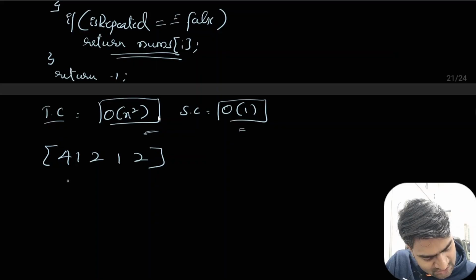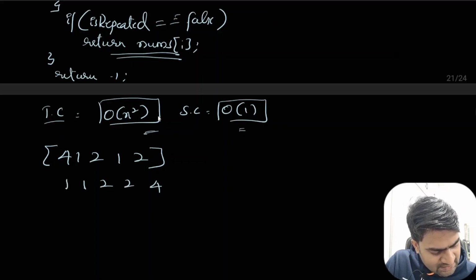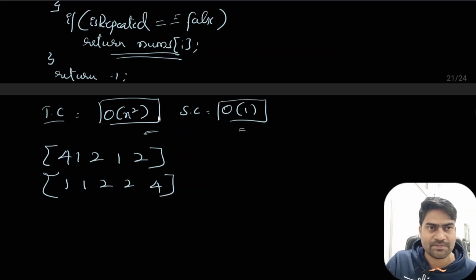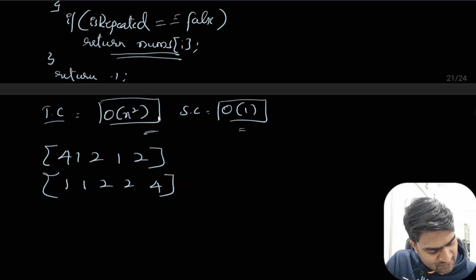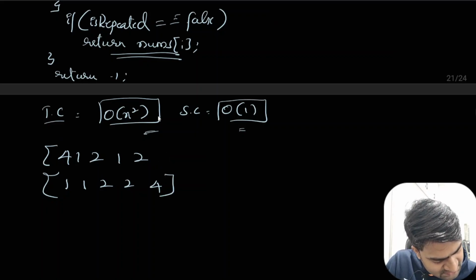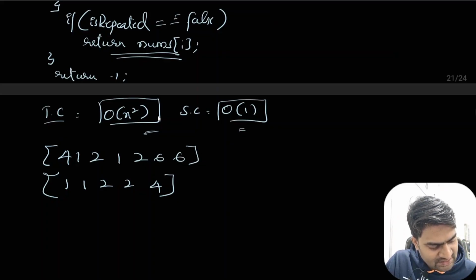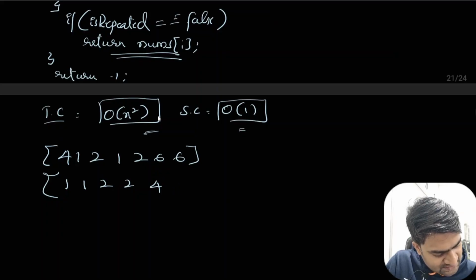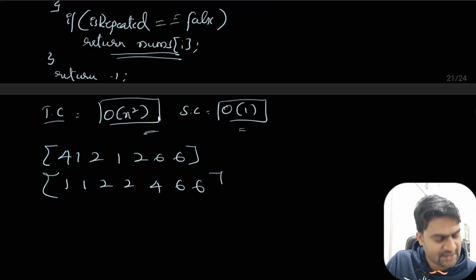If I sort this one, how will it look: 1 1 2 2 and then 4. Let us assume we have 2 more numbers, maybe something like 6 6. That way it becomes easier for us to understand.